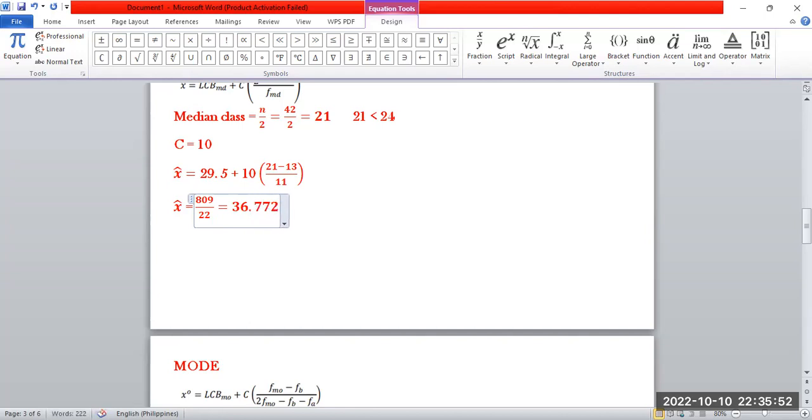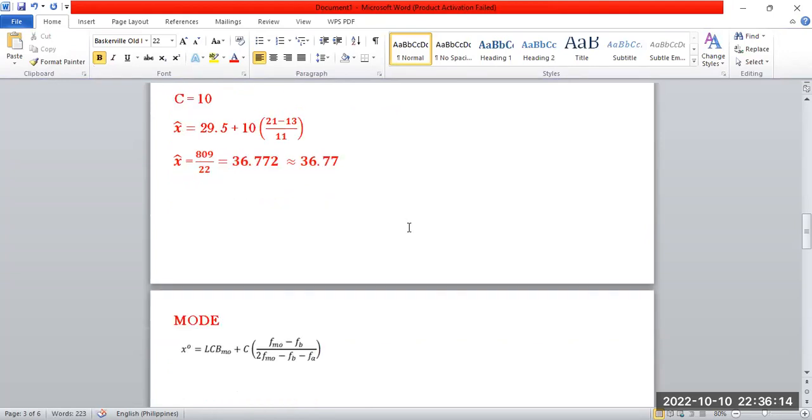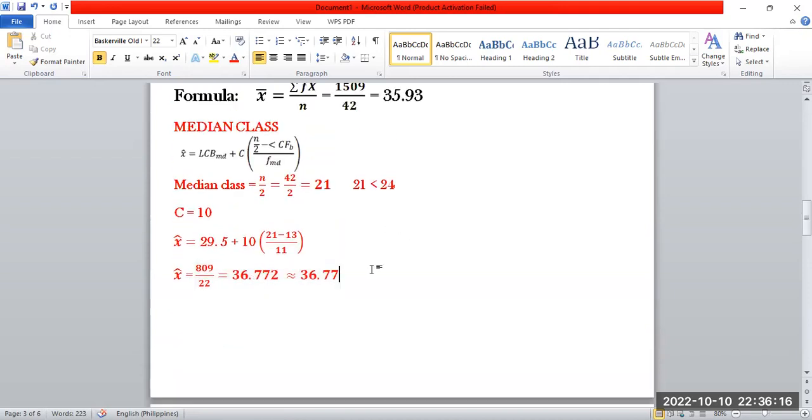Tapos 2 decimal places na lang, so that would be approximately 36.77. Since 2 lang naman yung katabi niya, we will not add 1 to 7. Okay, so our median is 36.77.